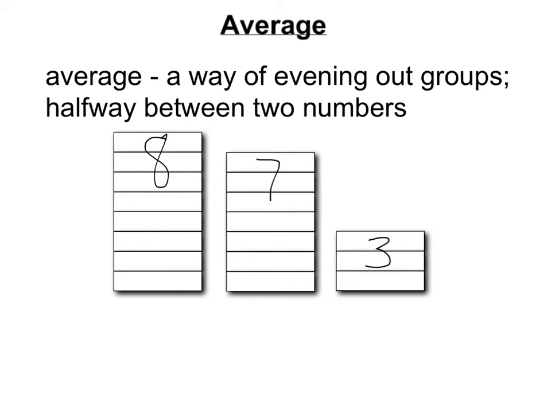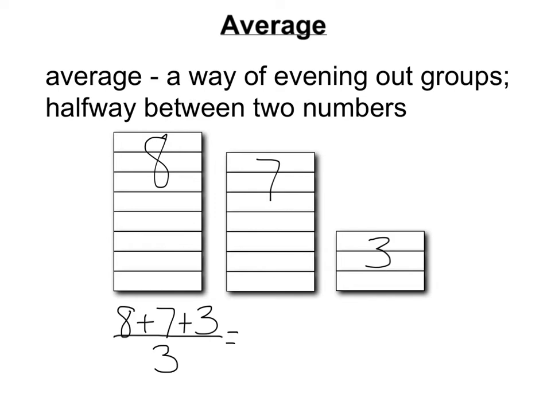So I have the sum of the 3 numbers, so I'm going to add them up, 8 plus 7 plus 3, divided by, or in this case, in a fraction over the number of numbers. Well, I've got 3 numbers here, 8, 7, and 3, so it's over 3.